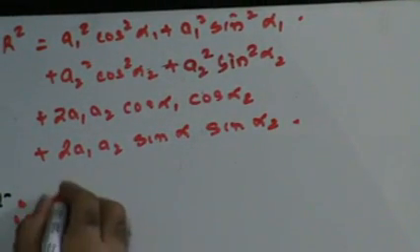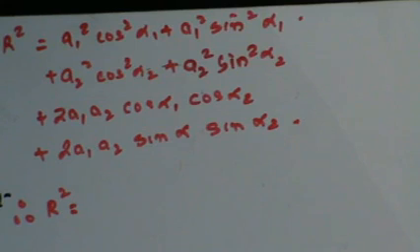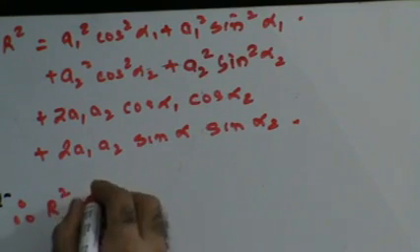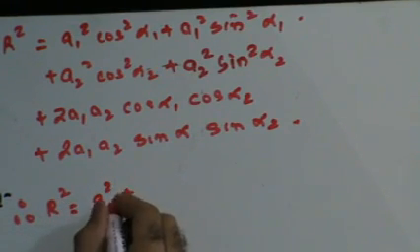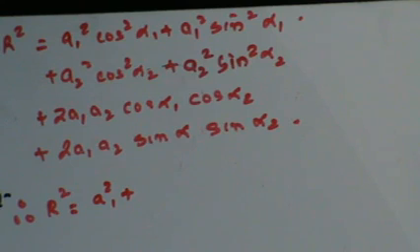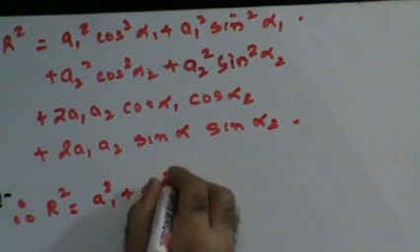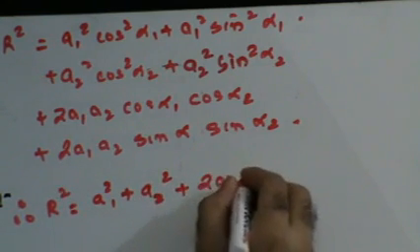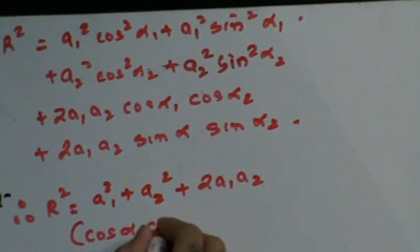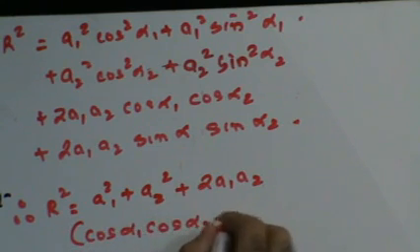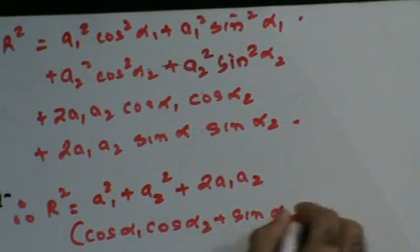Therefore I can say that R square is equal to A1 square common, cos square alpha 1 plus sin square alpha 1 is equal to 1. Cos square theta plus sin square theta is 1, so this will be A1 square. Similarly, A2 square common, cos square alpha 2 plus sin square alpha 2 will be 1, so this will be A2 square. Twice A1 A2 common, in which case you will have cos alpha 1 cos alpha 2 plus sin alpha 1 sin alpha 2.